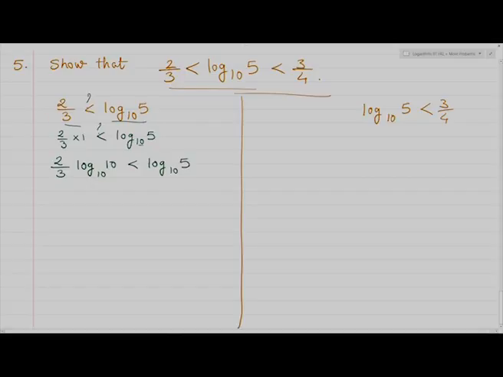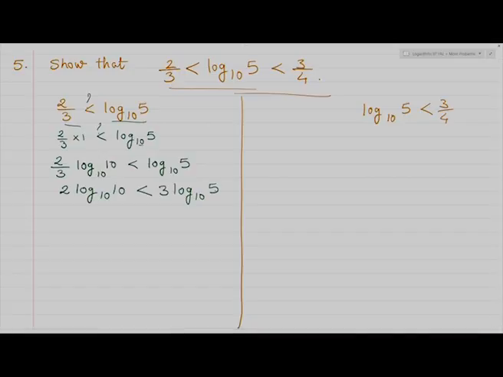Can I compare now? I can compare, I have to do some algebraic manipulations. So, it is 2 times log to the base 10 of 10, which can be less than 3 times log to the base 10 of 5. Is it true? That is what I have to see.